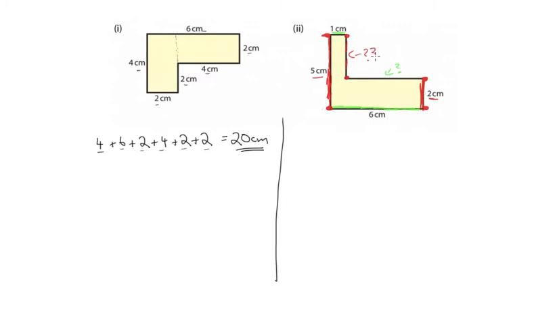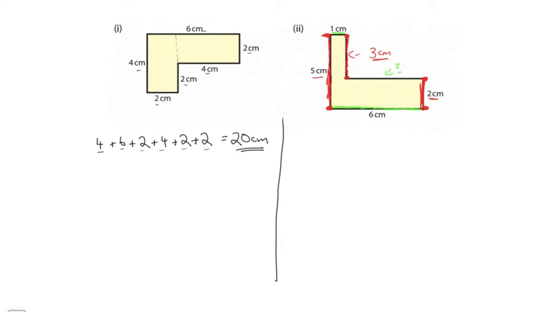So this side must be 3, and when I say 3 I mean 3 centimeters, because if I take this side and I connect to this side, it would be 3 centimeters and 2 centimeters, and that would be 5 centimeters. So this side must be 3 centimeters.